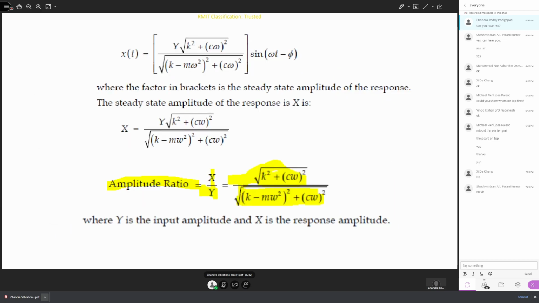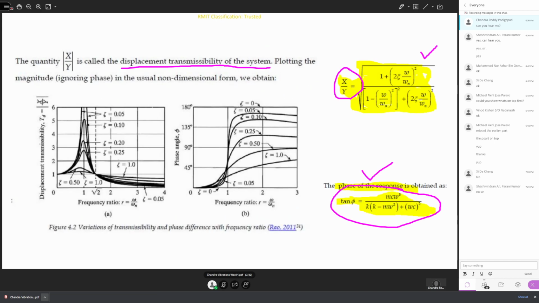So we can call x over y the amplitude ratio or the displacement transmissibility, and we can also write this as the force transmissibility, because displacement is proportional to the force, right?